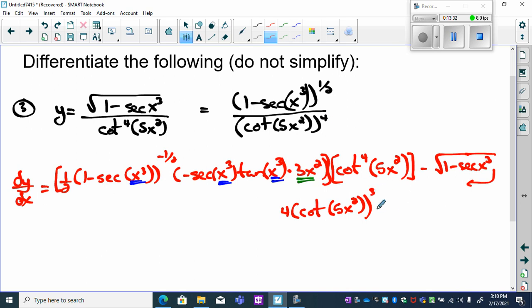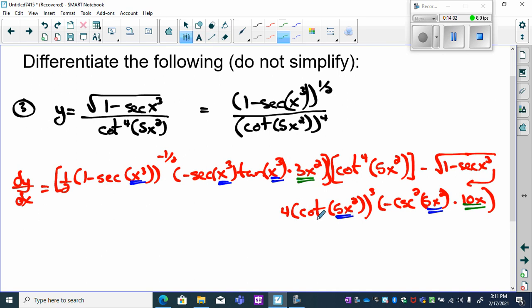Don't forget to multiply by the derivative of what's inside the bracket, the derivative of cotangent. It starts with a c, so it's going to be negative cosecant squared u, 5x squared, times du. The derivative of u would be 10x. So my u value in this particular one was 5x squared, and the du would be 10x.